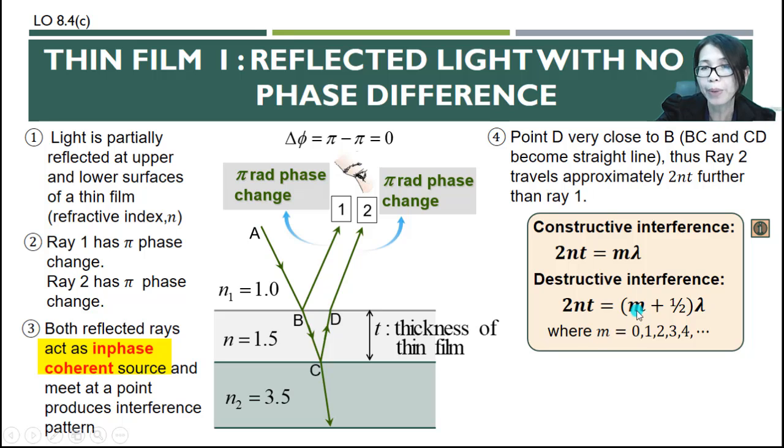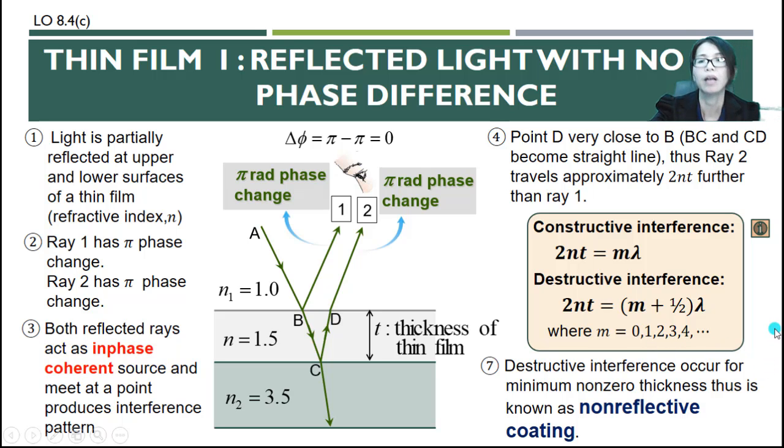So m represents the order number that always starts from 0, 1, 2, 3, and so forth. So class, we are going to find out that the minimum non-zero thickness of the thin film will satisfy the condition for destructive interference.